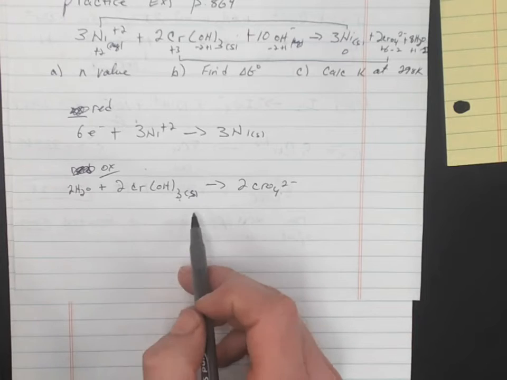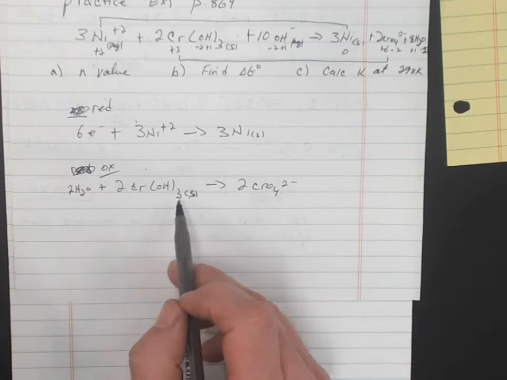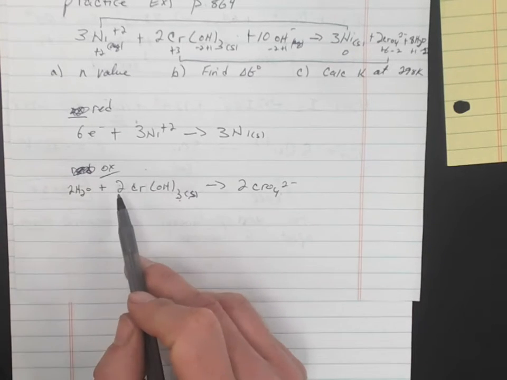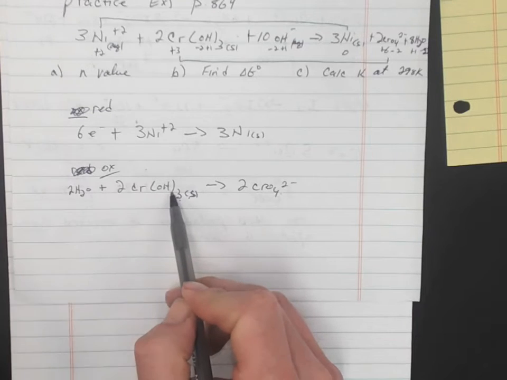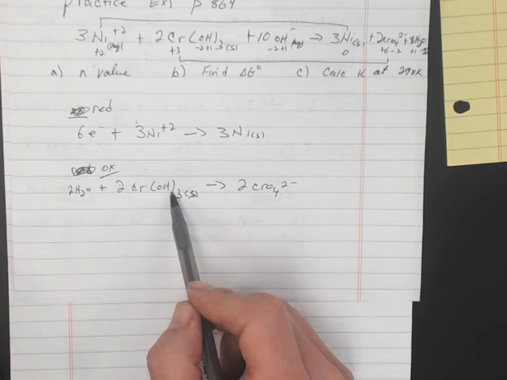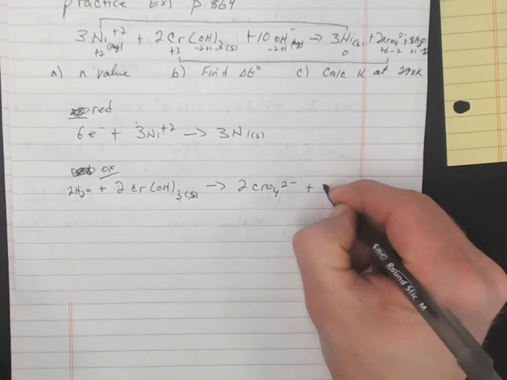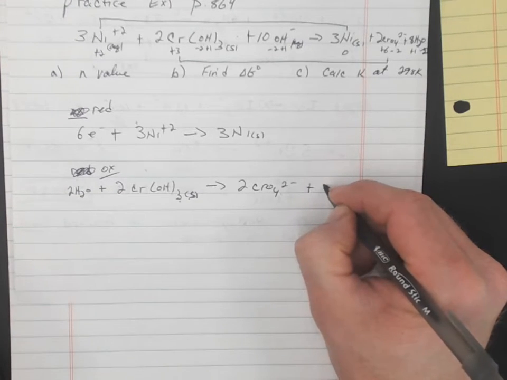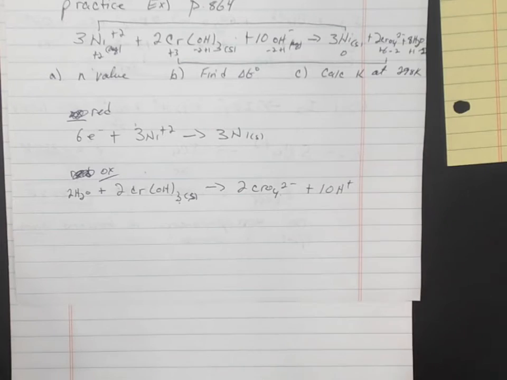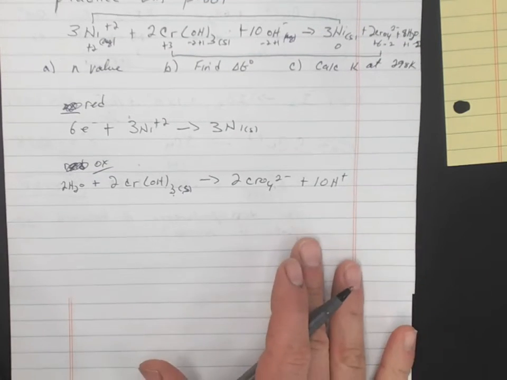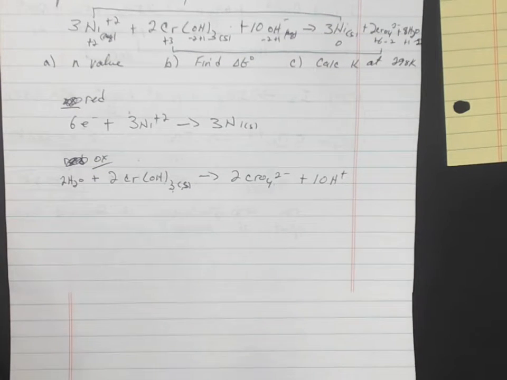Now it looks like we have a total of 4 hydrogens plus 6. So we need to get how many hydrogens added to the right? Yep, 10 H⁺ added to the right. Now we can balance with charge.